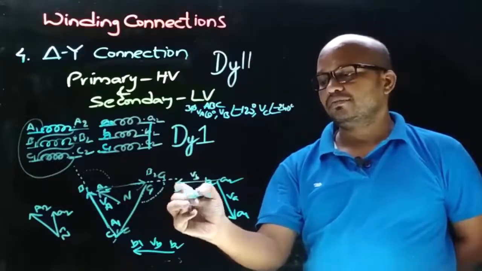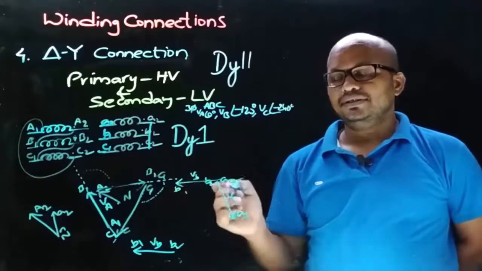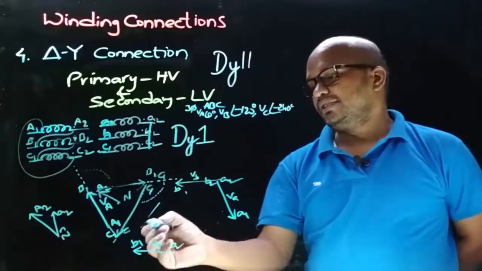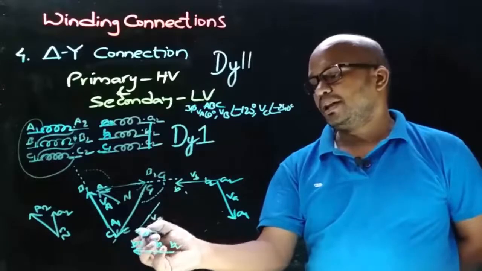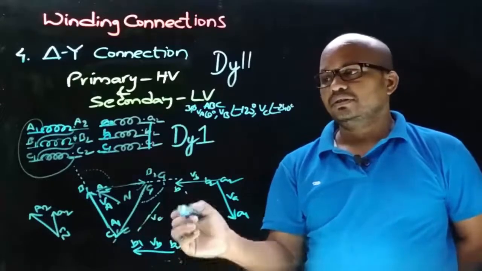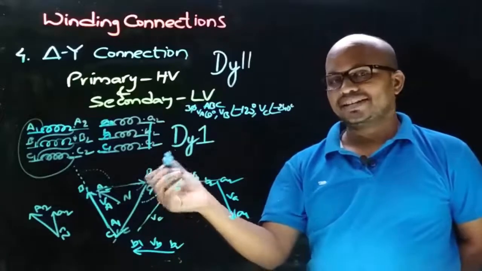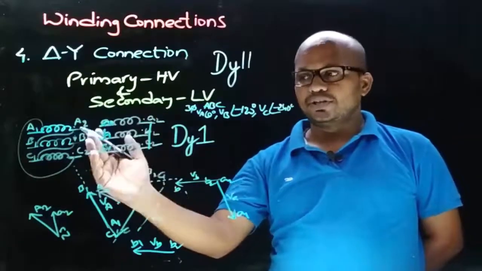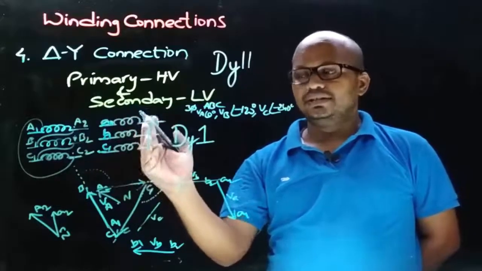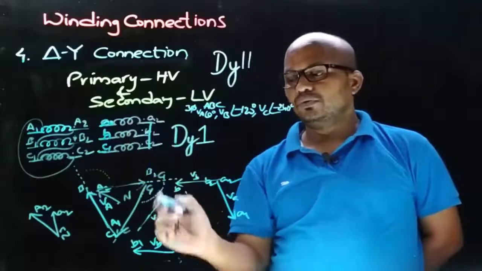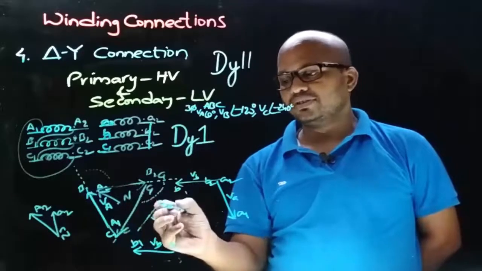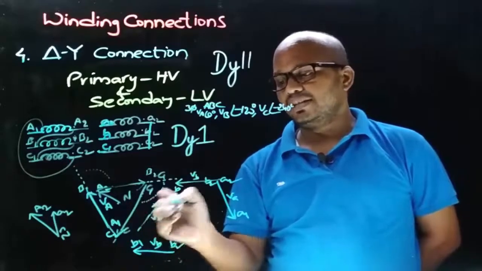This is B1. Now let's draw the secondary side BC phasor. Let this be the secondary side BC phasor drawn parallel to the primary side BC phasor. Now let's decide its direction. As on the primary side the connections are taken from dot ends and on the secondary side from non-dot ends, the secondary side VC phasor direction will be opposite to the primary side VC phasor. Therefore the direction will be like this.